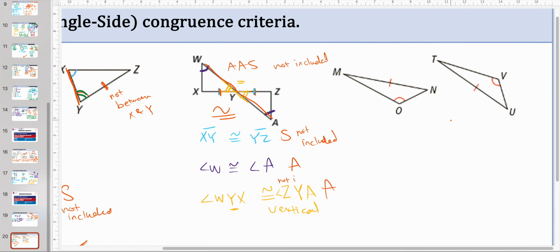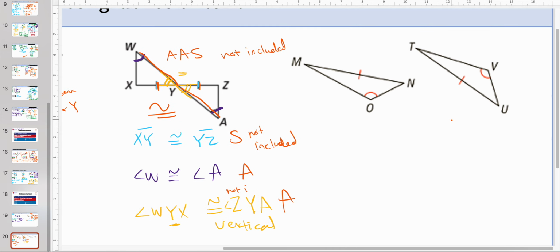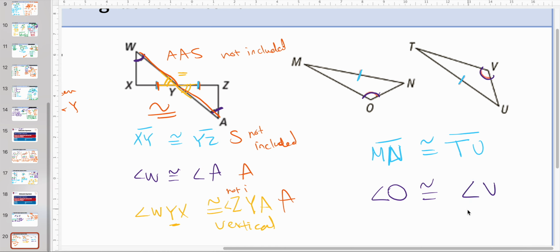Okay. Now lastly, finally, we have these two triangles. This side is equal to this side, so MN is congruent to TU. And they told us that this angle O is congruent to angle V. And that's it. Can I say that the two triangles are congruent?